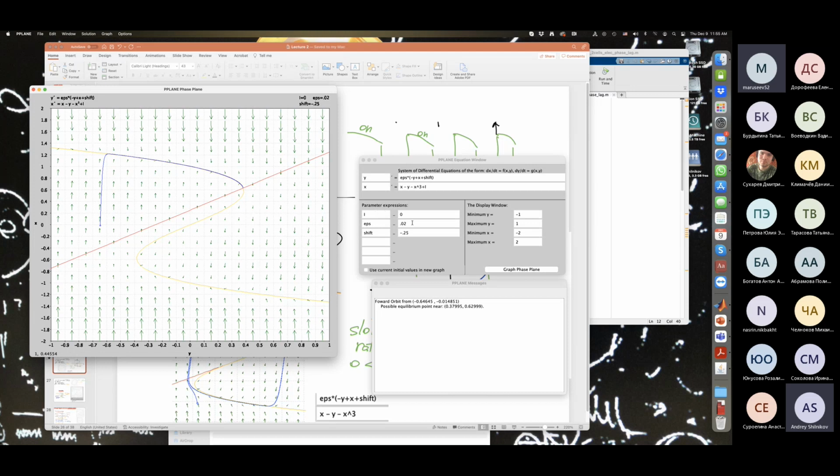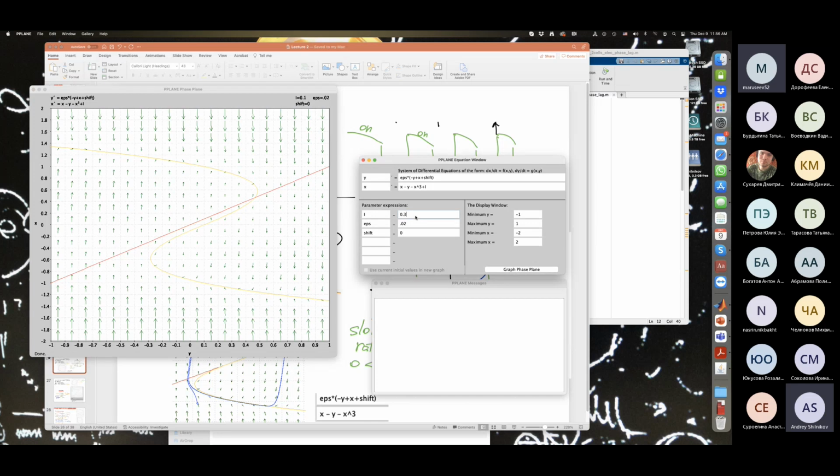So speaking of the current, if I shift back to 0, right, like this, and then I change this I, let me just tell you, if I make it 0.1, I said positive current is going to shift this cubic nullcline to the right. I'm going to make it 0.3 to shift it even further to the right.